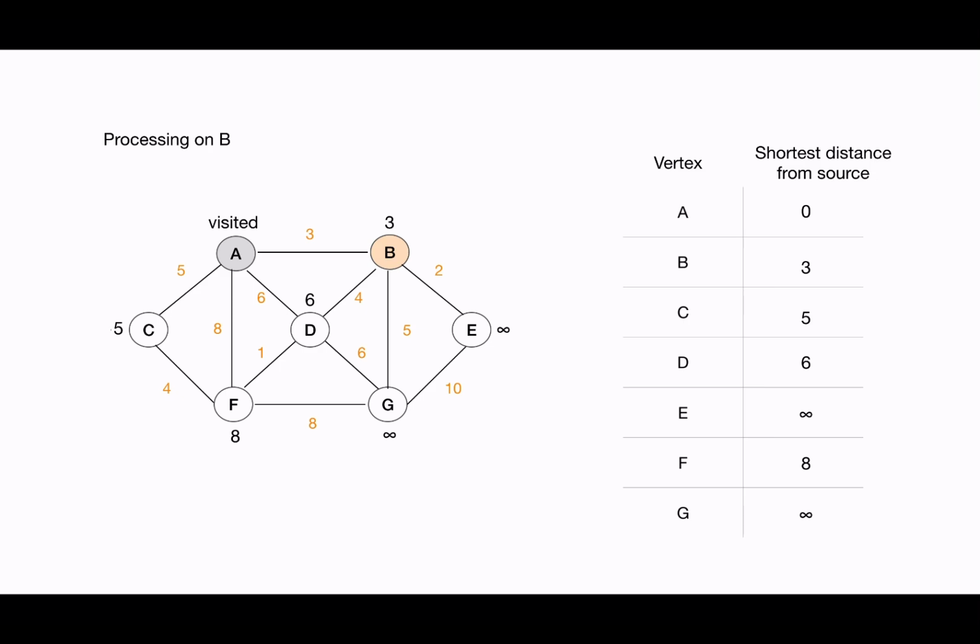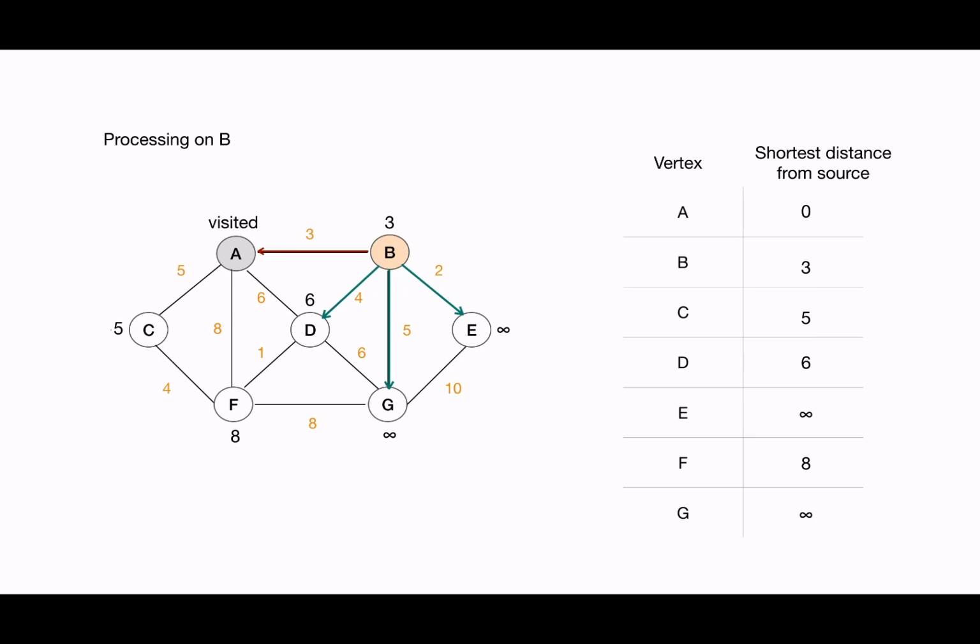The neighboring vertices of B are A, D, E, G, right? A is already visited, and if you even try to go to A through B, the path will be A, B, A, which will be 3 plus 3, which is 6. That we don't prefer anyway because A already has value 0.